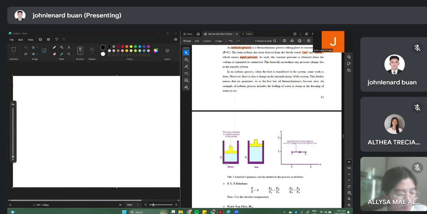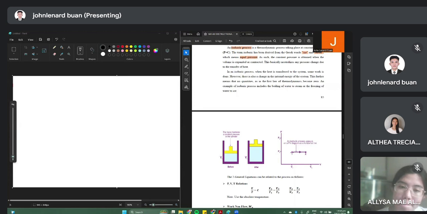Okay? So ibig sabihin lang naman diyan, an isobaric process appears on the PV diagram as a horizontal line. So ito po ay itsura ng isobaric process sa PV diagram po. Okay, a simple horizontal line.